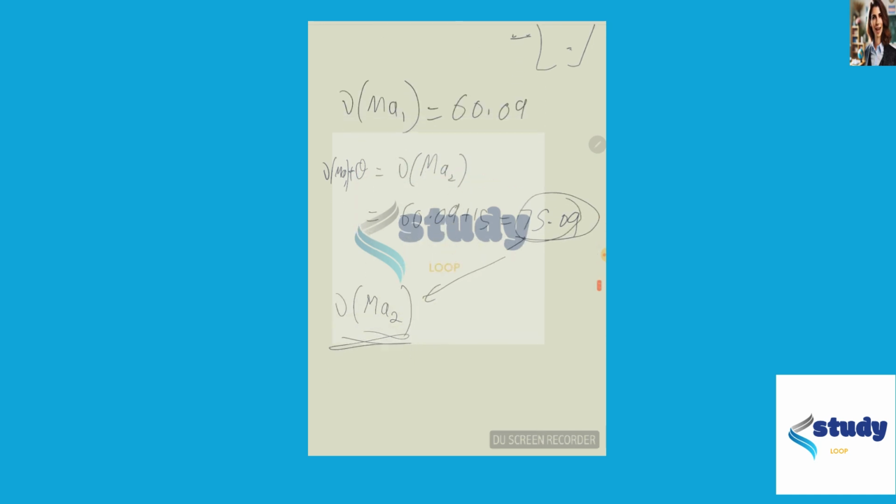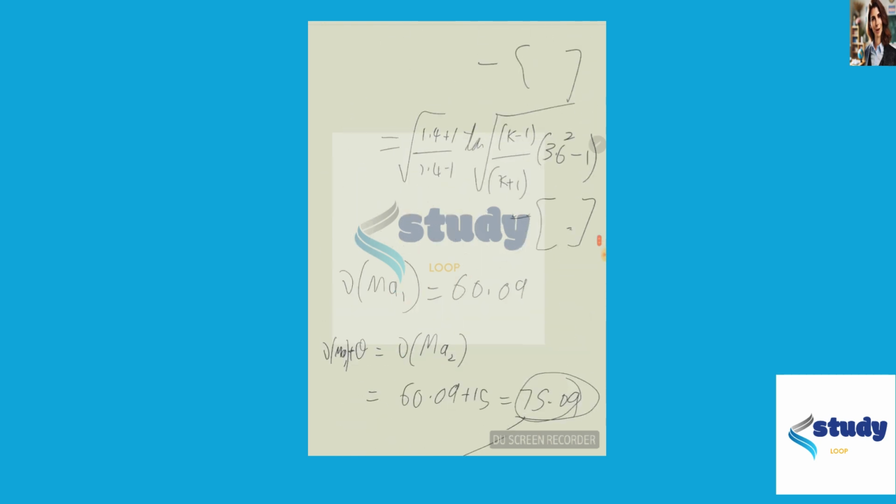Now we need to use the Prandtl-Meyer equation again for nu of Mach 2. This time we know this value, which is 75.09, and we are going to use this same equation again.